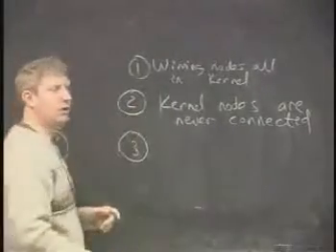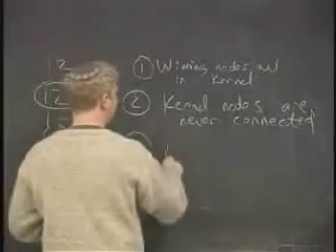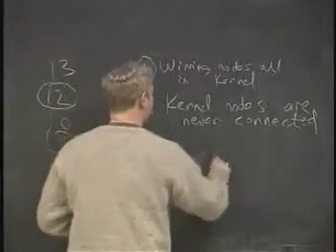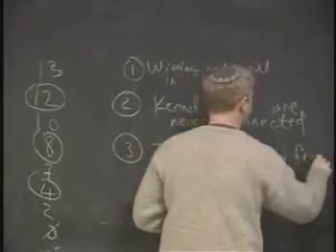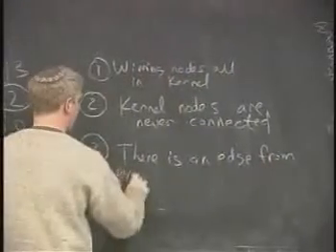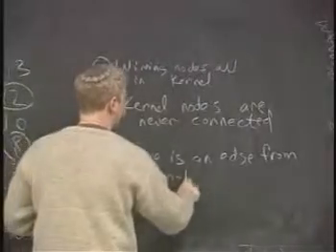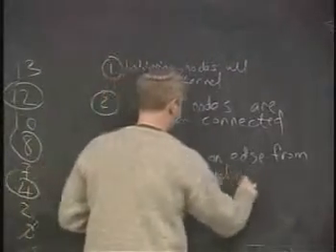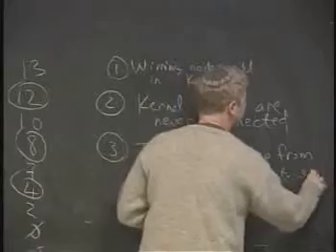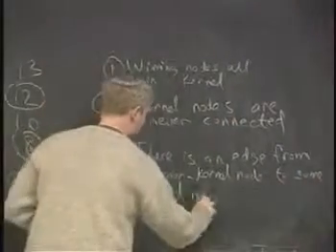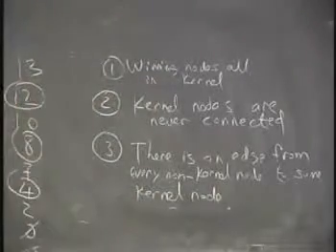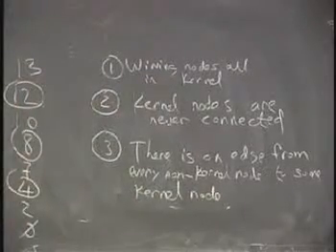All edges out of a kernel go to a non-kernel, but there is an edge from every non-kernel node to some kernel node. I could have made up this set of properties without making the connection to games at all.